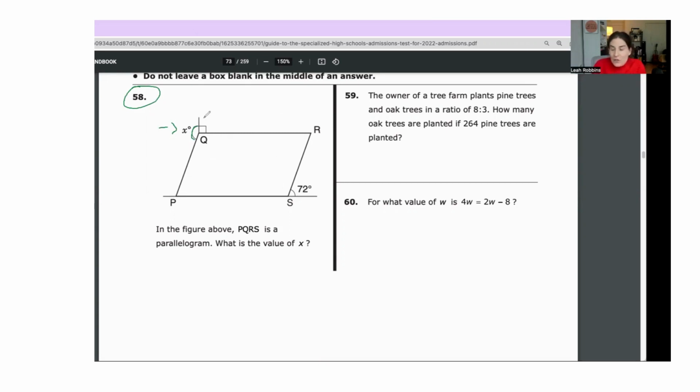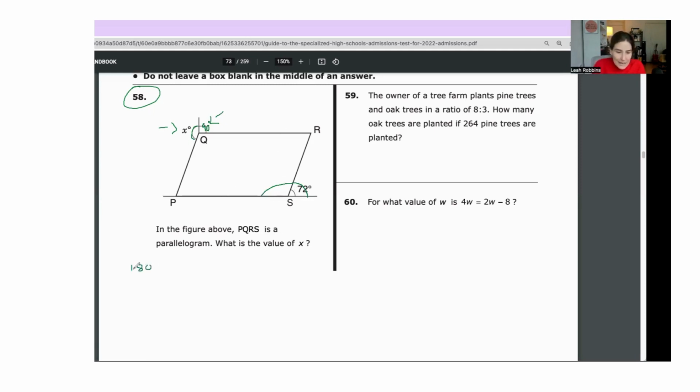They give us two angle measures. They give us over here this exterior angle of 72, and then they also give us this square, which means we have a 90-degree angle over here. I'm going to start down here, because if I know that this is 72, we talked about before that these two angle measures are a linear pair. So what do they sum to? 180 degrees.